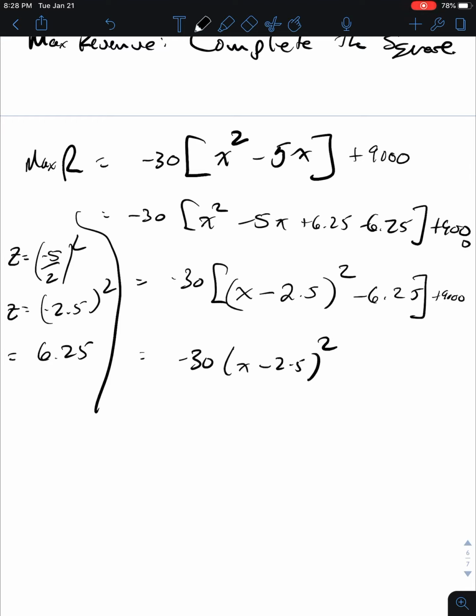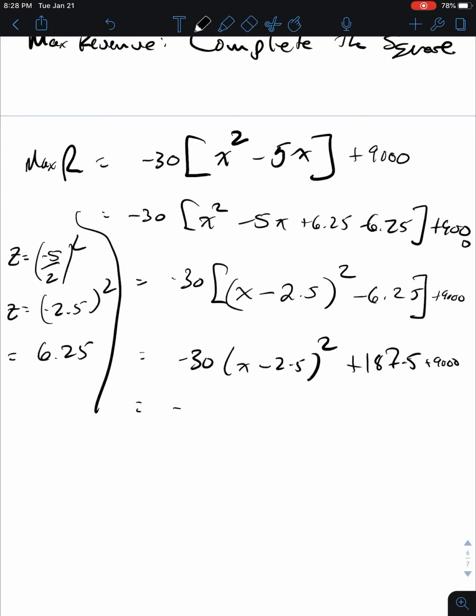It's going to become x minus 2.5, because that's half the x value, squared. And then minus 6.25. Careful, the negative 30 is still outside the square brackets, and then plus 9,000.